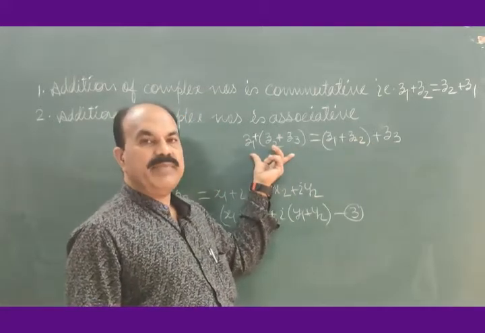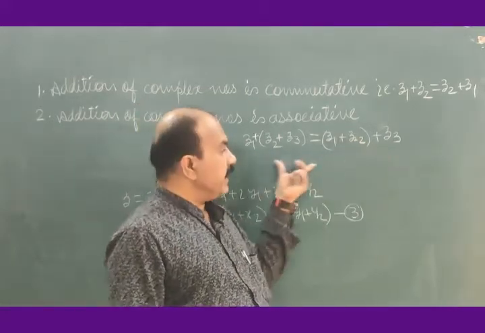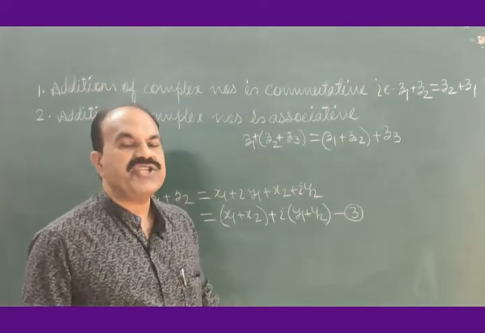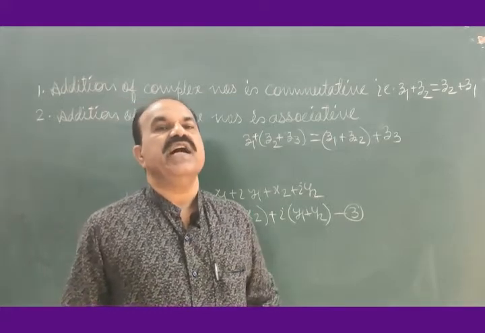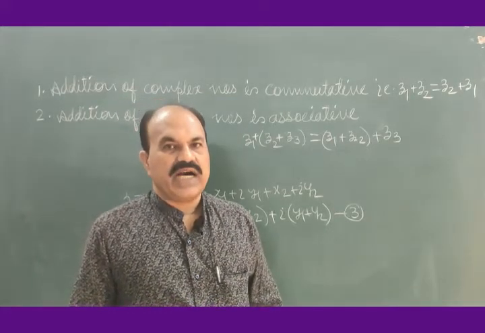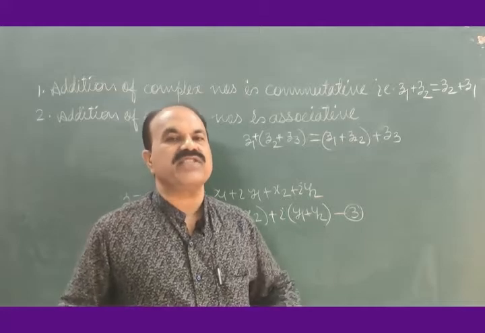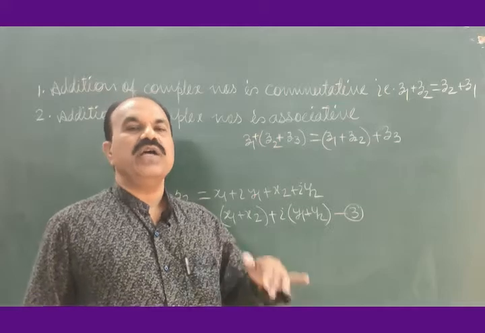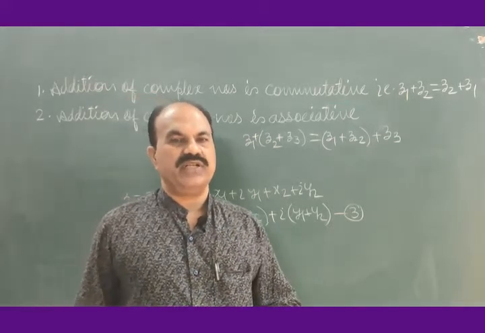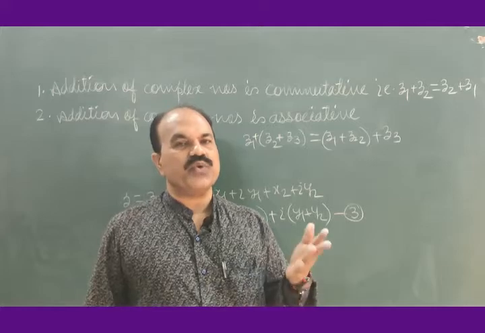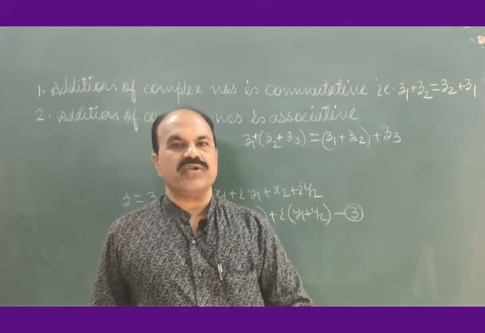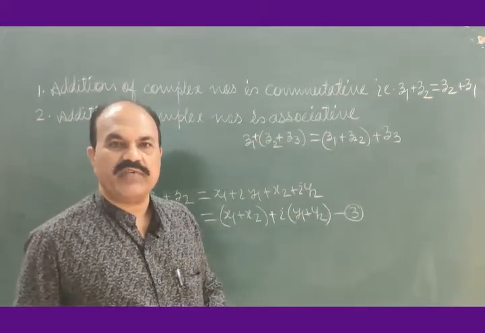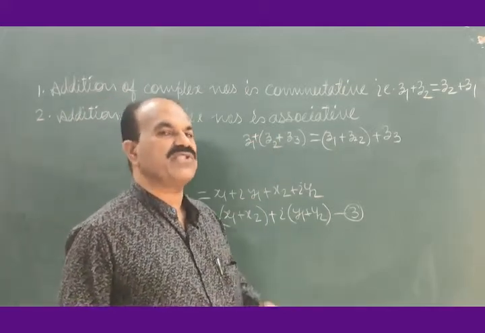If this is true, then we can say that addition of complex numbers is associative. Law of association for addition is obeyed by addition of complex numbers. Second property of addition of complex numbers.